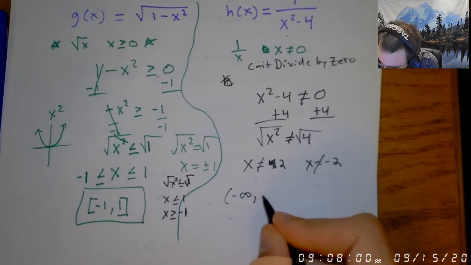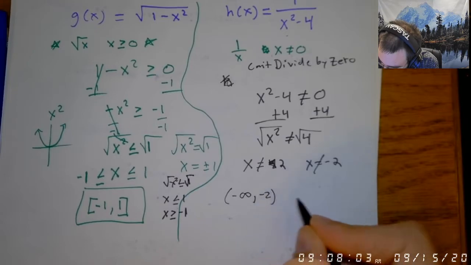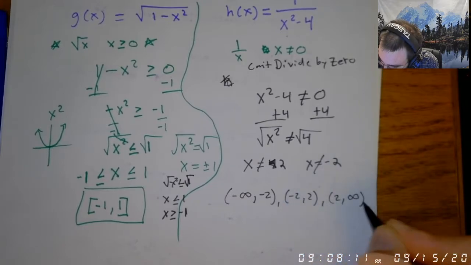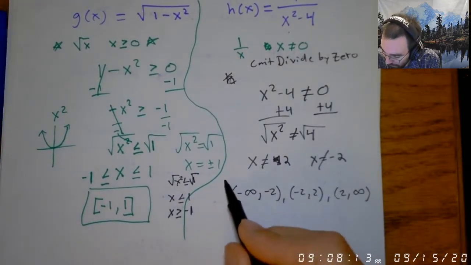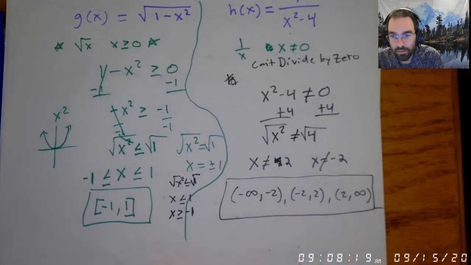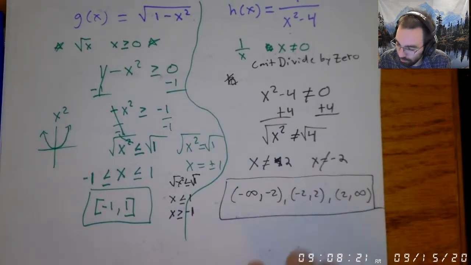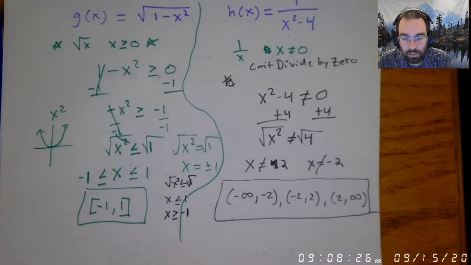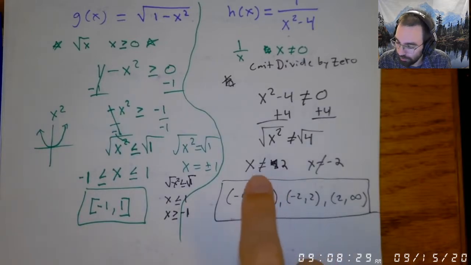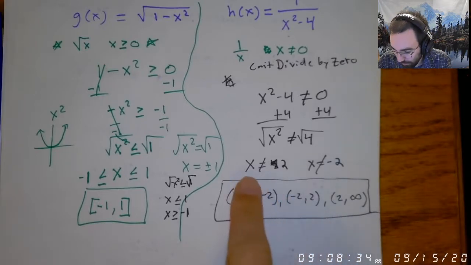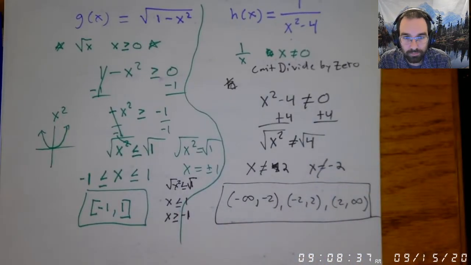So negative infinity to negative 2, and then negative 2 to 2, and then 2 to infinity. And the reason we're doing this, guys, is that you're going to be dealing with some piecewises, and being able to graph a piecewise, this is what's more helpful. Even though with set notation, you would just say x is the set of all reals except x equals 2 and x equals negative 2.